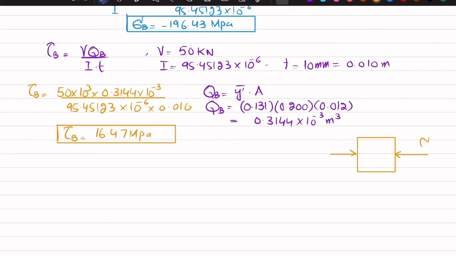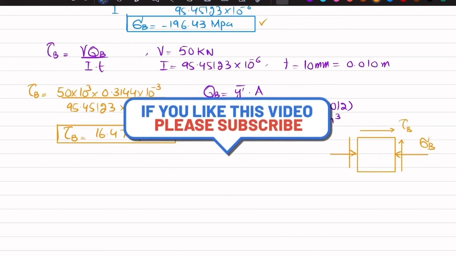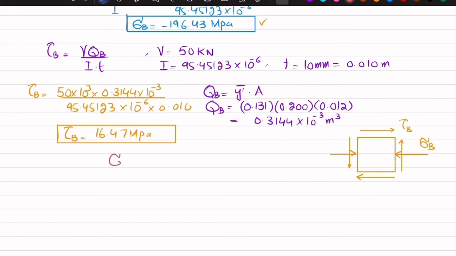This is sigma b, which is minus 196.43, and you will have a shear stress of 16.47, which will be like this. This is the shearing stress at point B. Similarly, over this face it will be downward. Now you can see sigma x here is equal to sigma b, which is minus 196.43 megapascal.